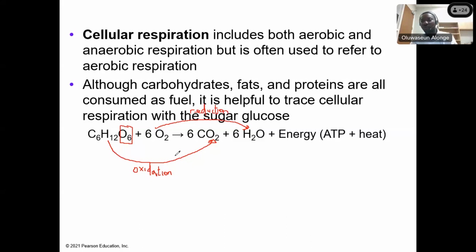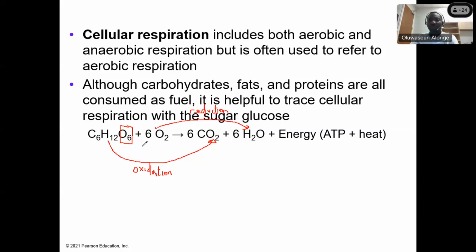Number two, in terms of hydrogen. Reduction is addition of hydrogen, and oxidation is removal of hydrogen.